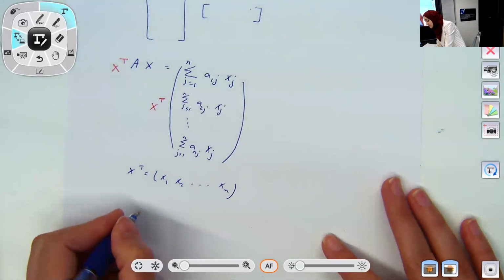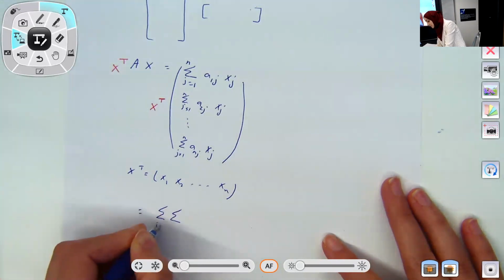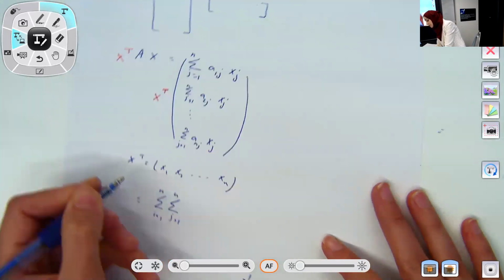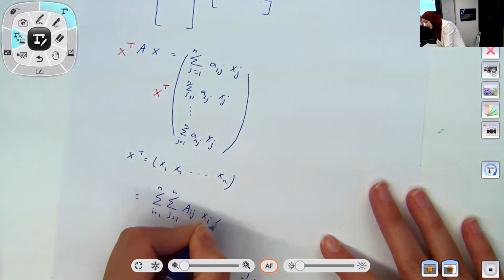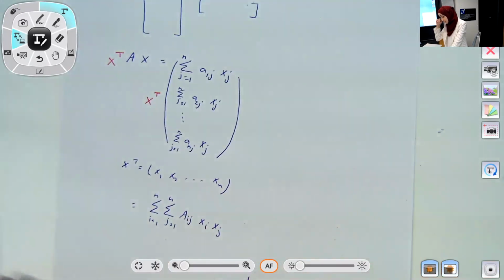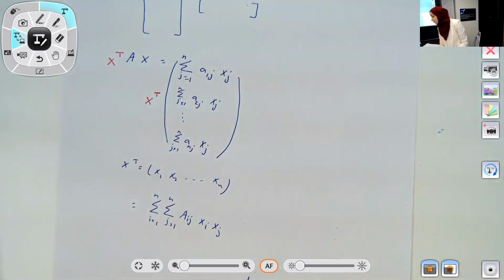If you expand this, it will give you the summation from i equal 1 to n and the summation from j equal 1 to n of A_ij times x_i times x_j. So we can write x transpose A x as the double summation of the matrix entry A_ij times x_i times x_j.